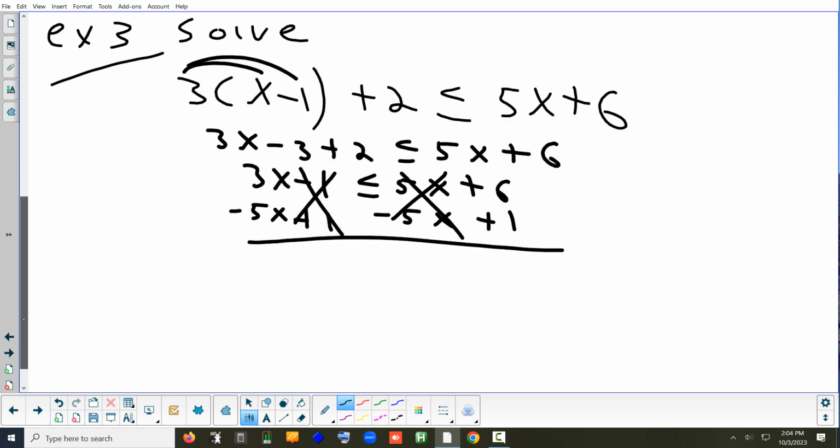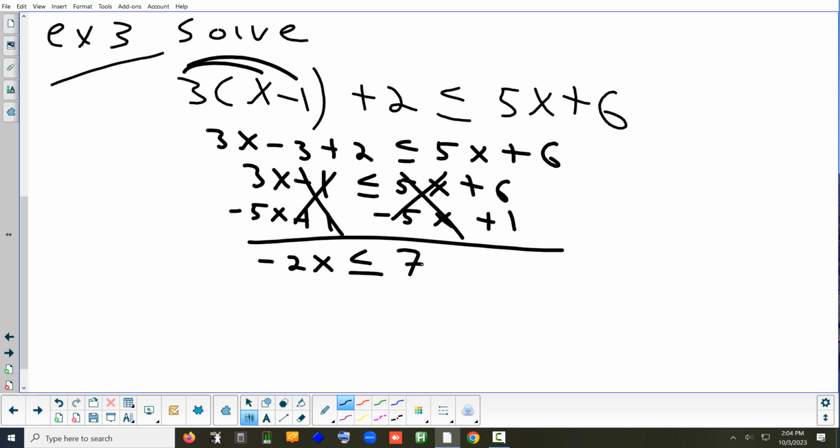And Jacob, on the left side, what is that going to give me? Negative 2x. Yep. And Lily Rose, on the right side, what's that going to give me? 7. Yep, it's going to give me 7. Now, because of how we solve that, let's see what happens.